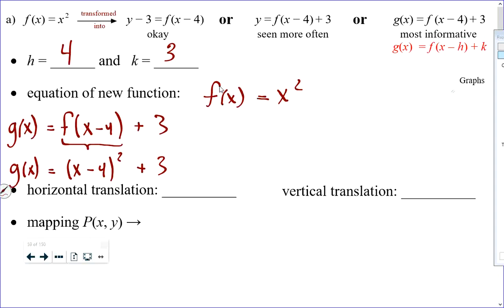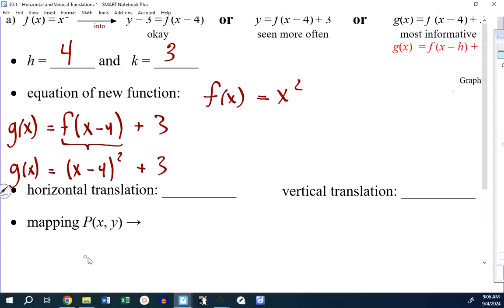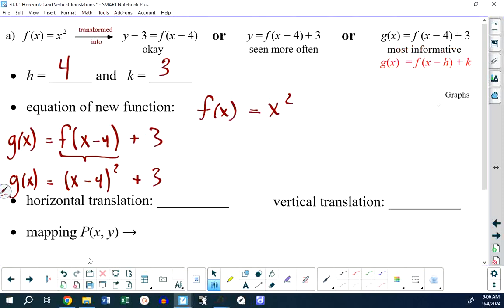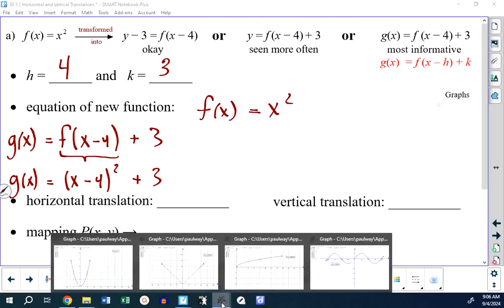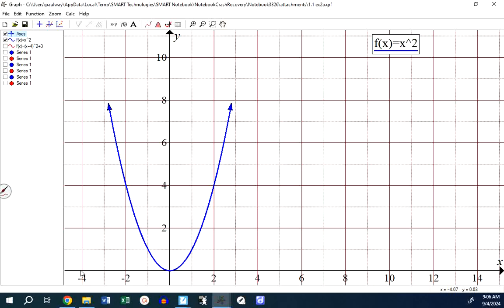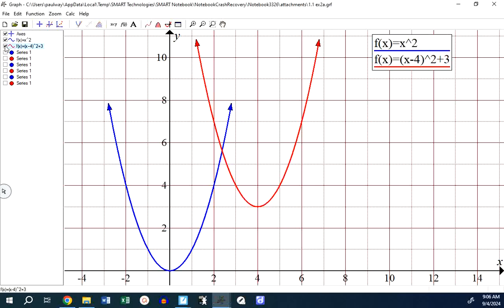So you could do this on your graphing calculator, but I have the graphs for all of our examples today loaded up here. There is f of x equals x squared. You can see it's labeled in the top right corner of the screen. I'm going to graph now f of x equals x minus 4 quantity squared plus 3. No surprise, it's shifted 4 to the right and 3 up. You know this from Math 20.